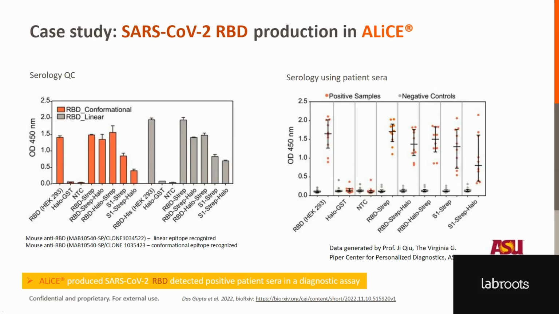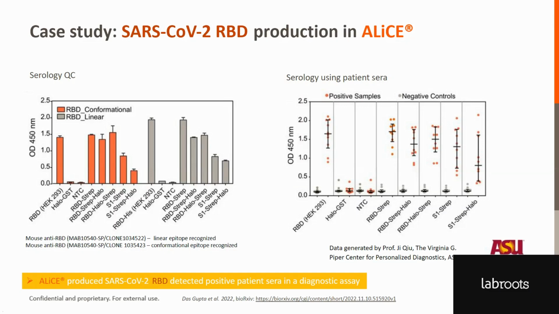And taking that a step further, with the help of a collaborator at Arizona State University, Professor GQ, they also expressed the RBD and some other proteins from the coronavirus in ALiCE, and then took it forward to various kinds of antibody-based detection also. And you can see on the left, in comparison to RBD produced from a HEK293 cell line, we could get pretty equivalent binding to different antibodies by producing these antigens in ALiCE.